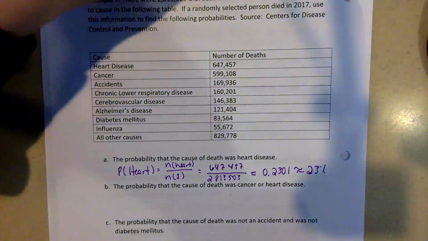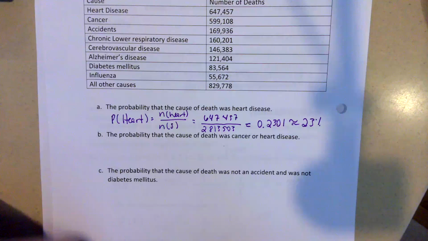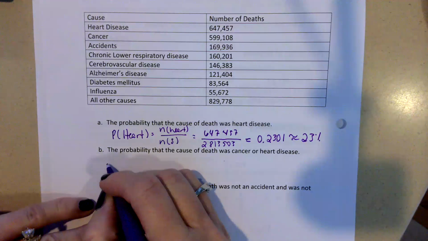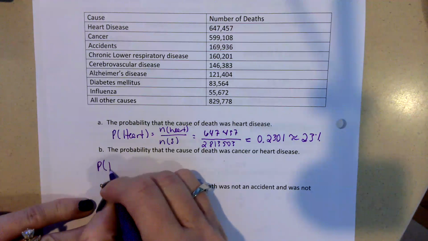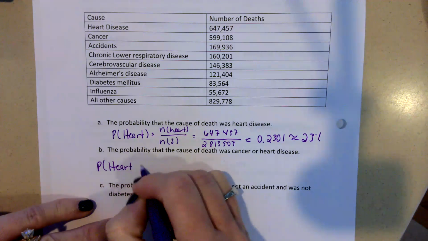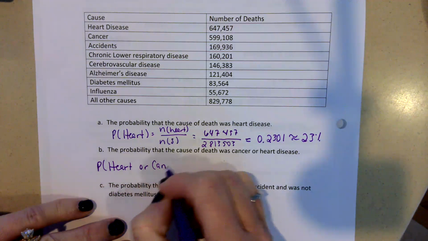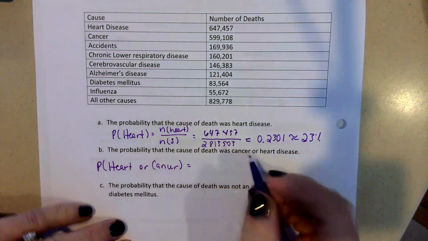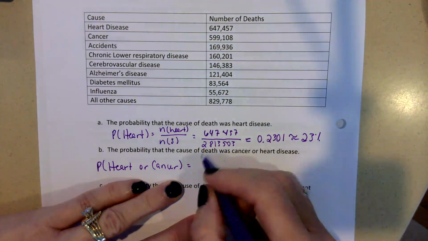The probability that the cause of death was cancer or heart disease. So it could be either or. So the probability of heart or cancer would be, we're going to include both of them.